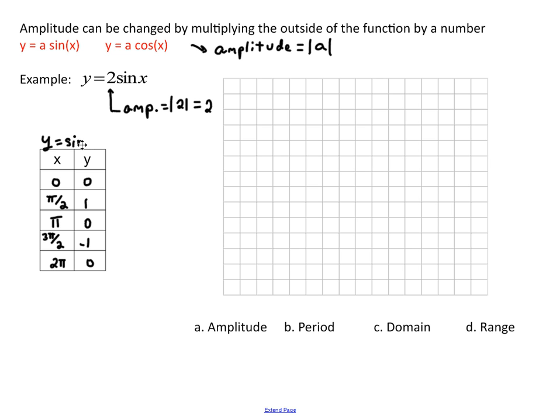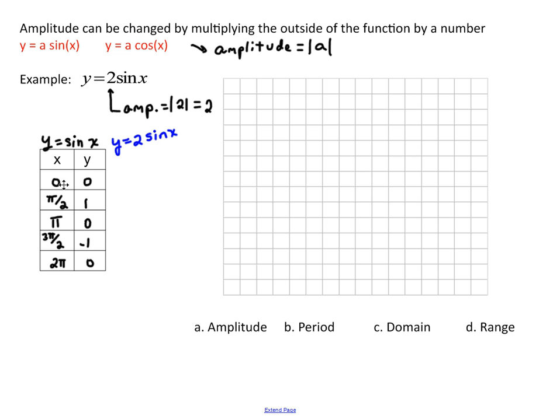So what changes? Well, if we take 2 times the sine of x, then the y values on this reference will be multiplied by 2. Very simply, 2 times whatever we had from the sine of x before is our new y value right here.